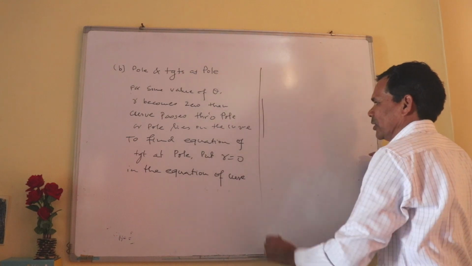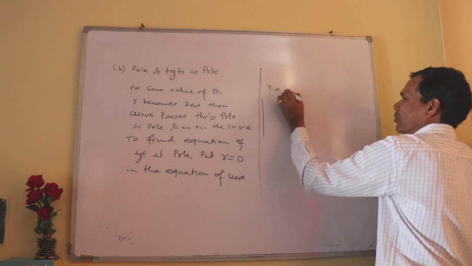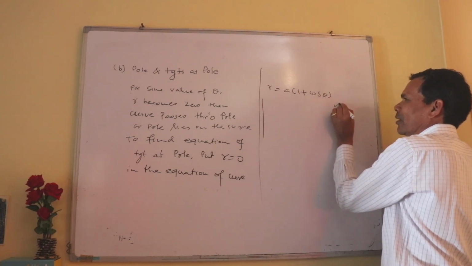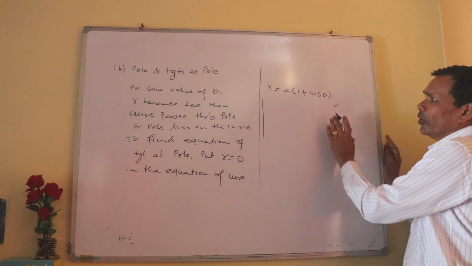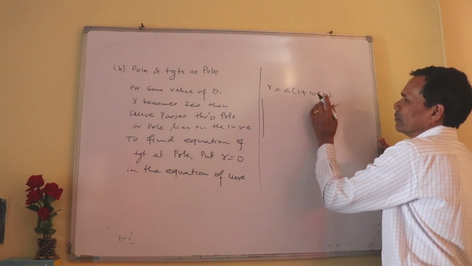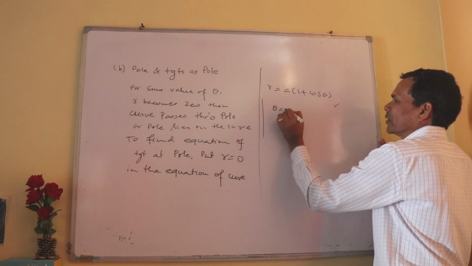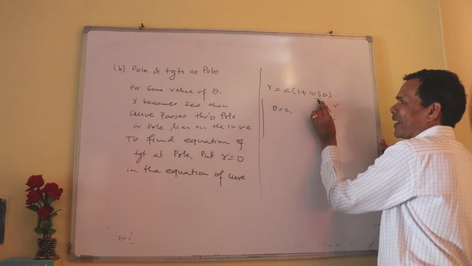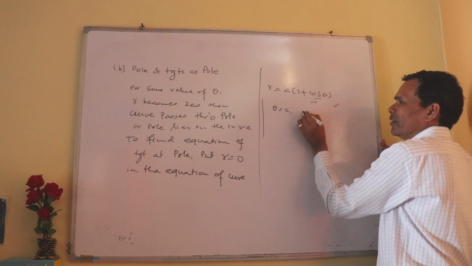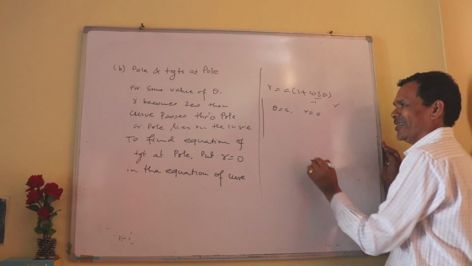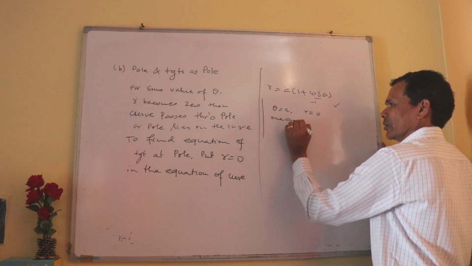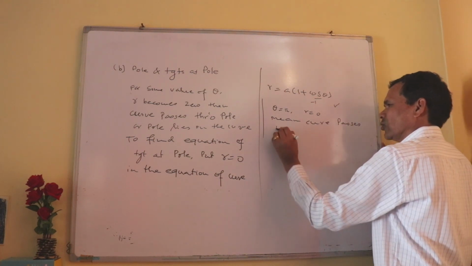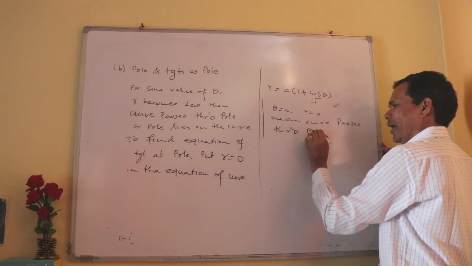So suppose I consider the equation r is equal to a times 1 plus cos theta. Now if you observe this particular curve, for theta is equal to pi, cos pi is minus 1, and minus 1 plus 1 gives r is equal to 0. This means the curve passes through the pole.